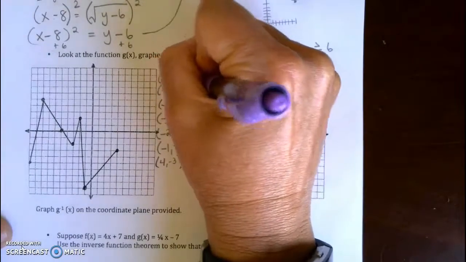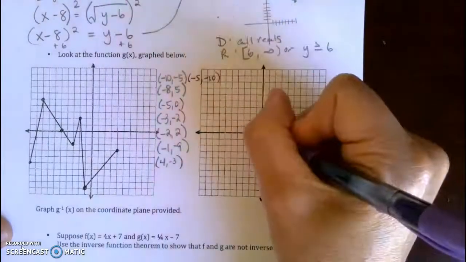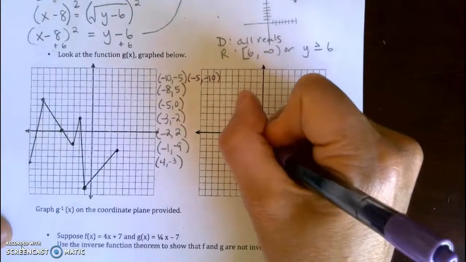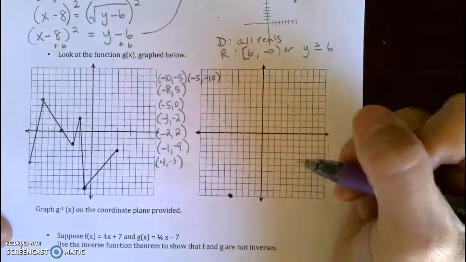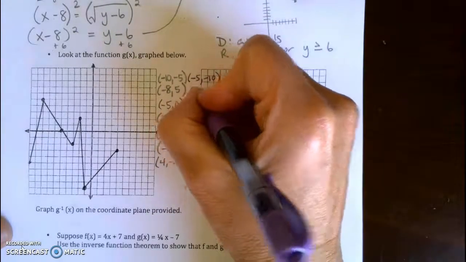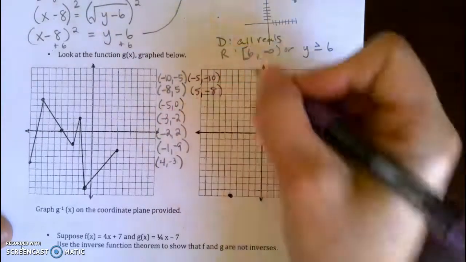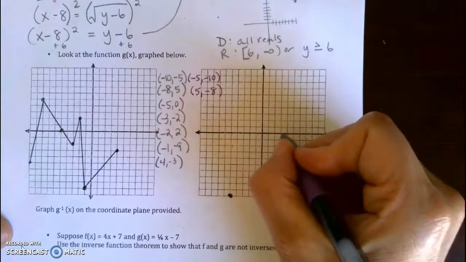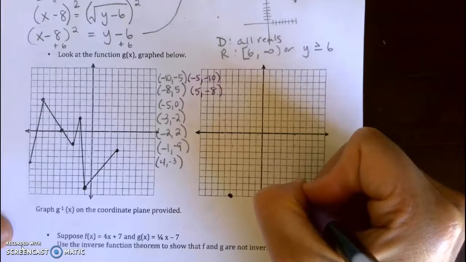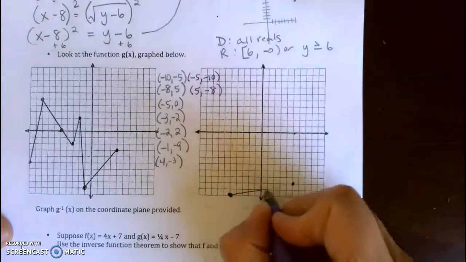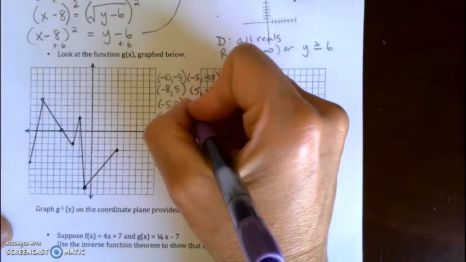So (-5, -10), and then I have (5, -8). And I need to connect as I go.